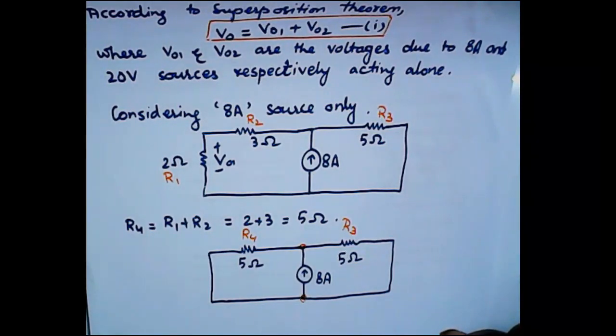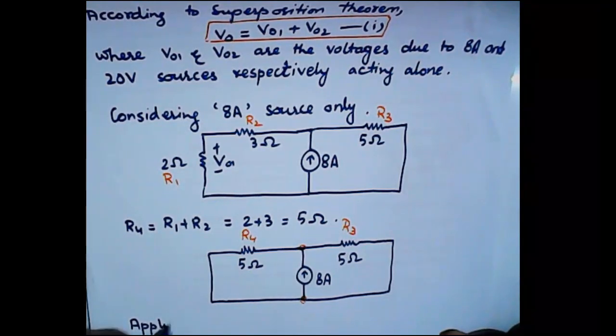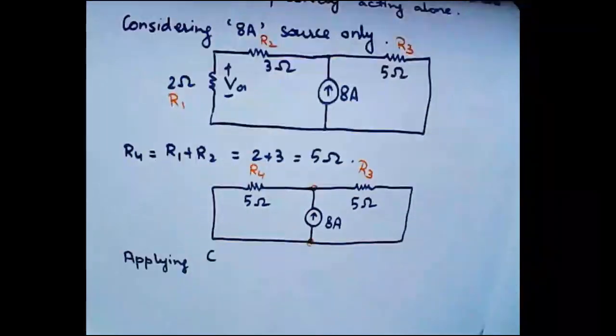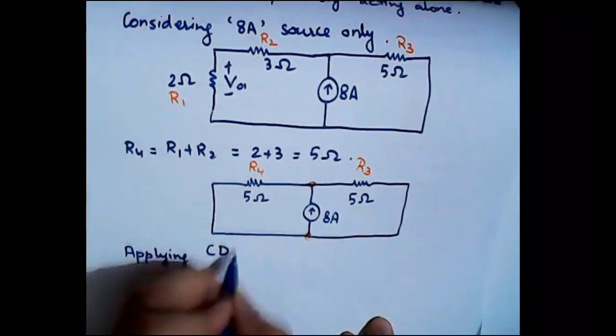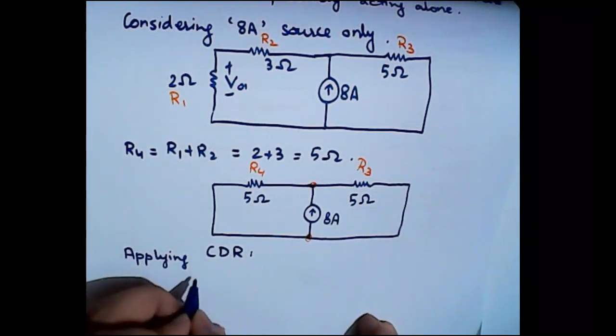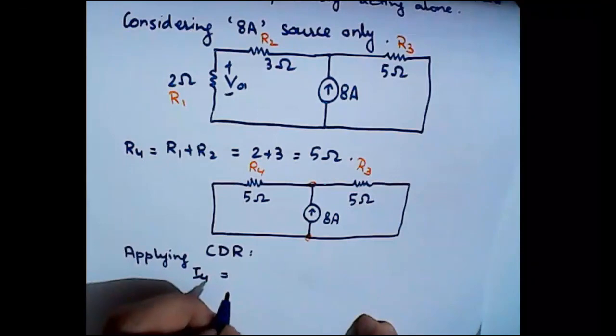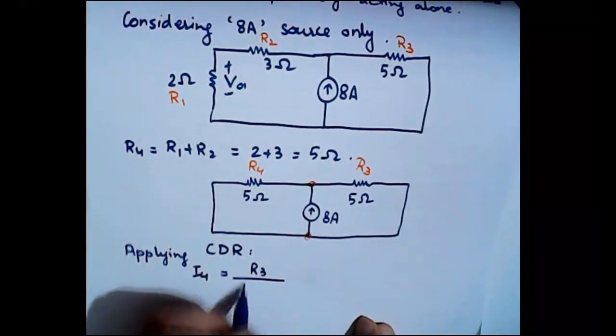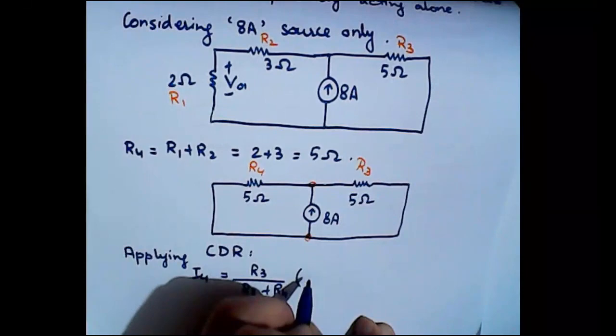So applying CDR here will give what? I4 is equal to the opposite resistance, that is R3 divided by R3 plus R4 multiplied by the source value.